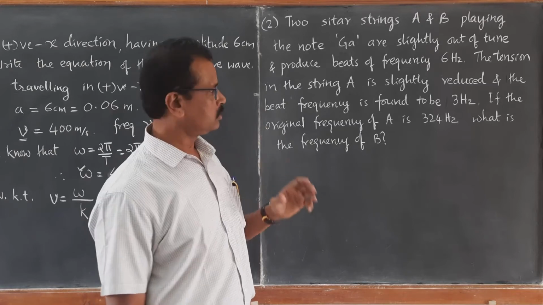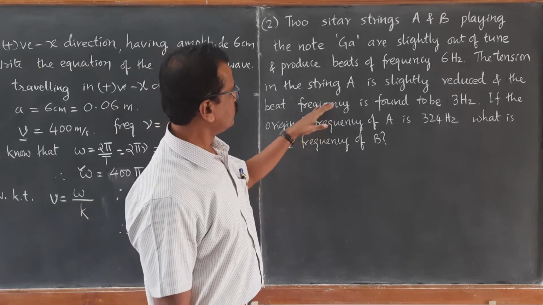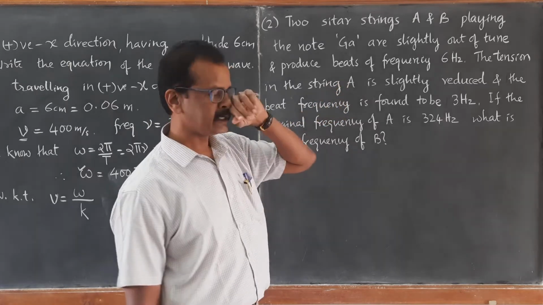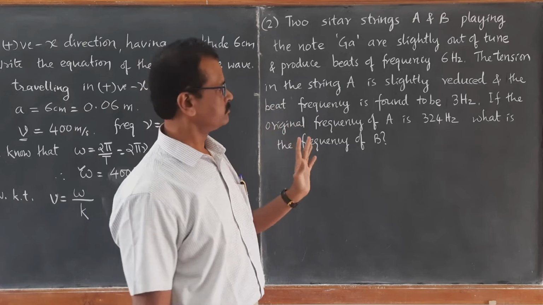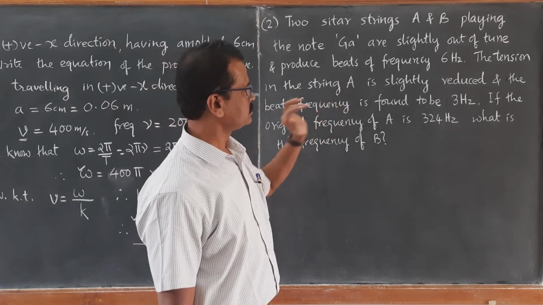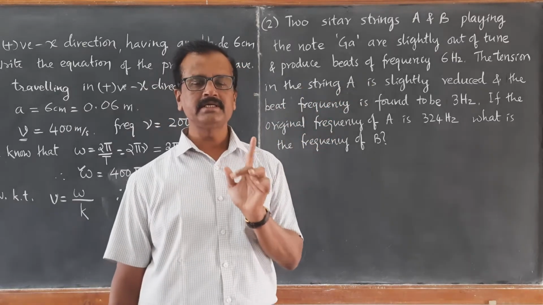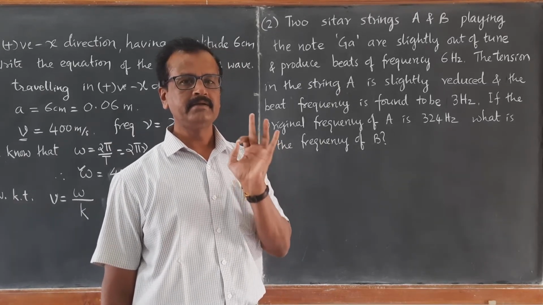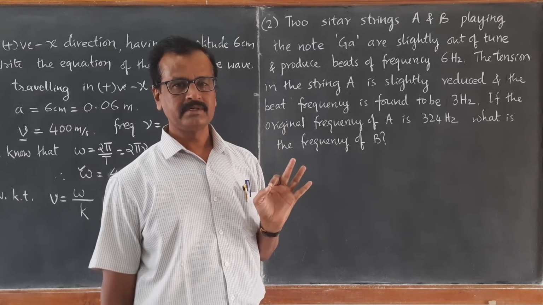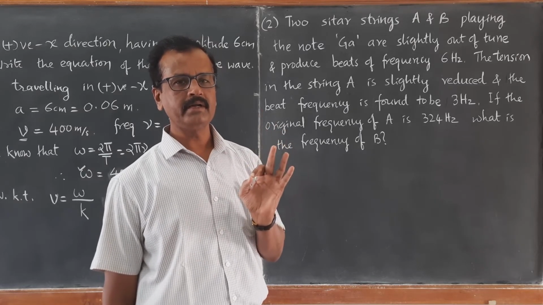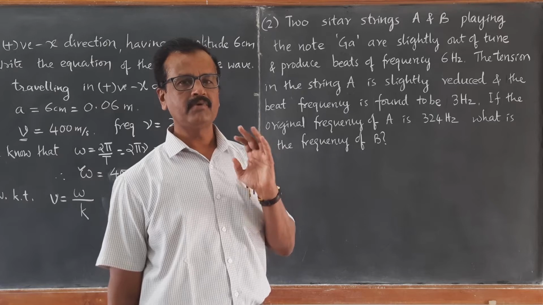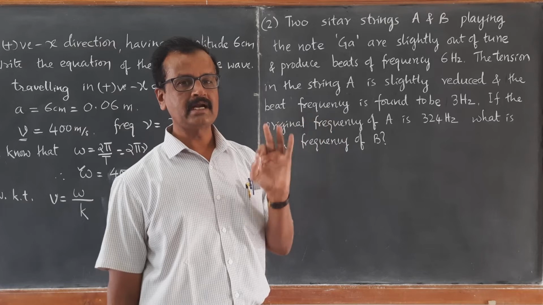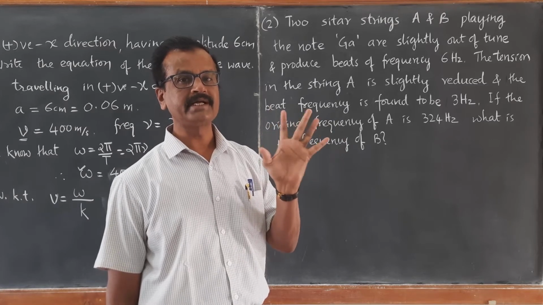Okay. So here only the string A tension is slightly reduced. String B is not disturbed. So when the tension in the string A is reduced, we need to understand that frequency is reduced, because we know the frequency of vibration in a stretched string is directly proportional to the square root of tension.